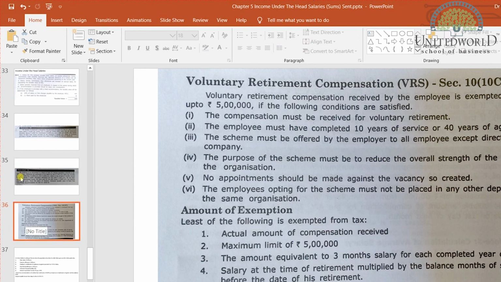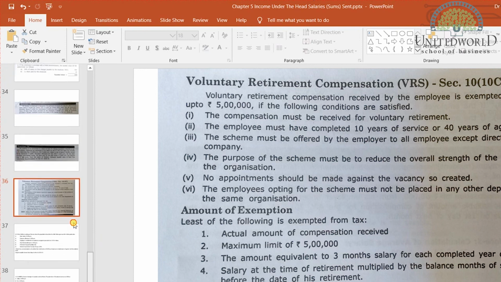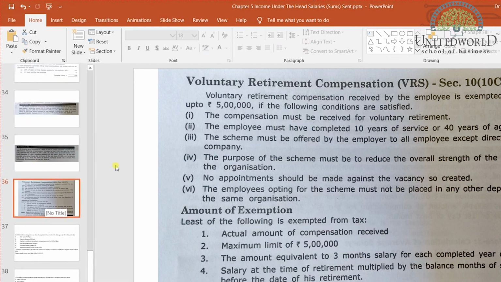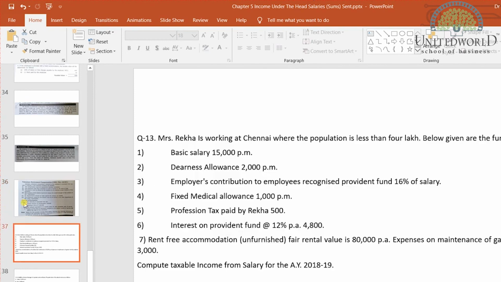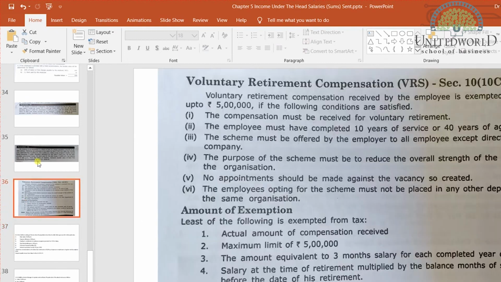This is the last aspect, the last sub-point of this salary chapter. The rest we move directly to the sums, which we will see in the next lecture, in which all the rules which we have seen till now are going to be applied, and we will try to solve those sums.